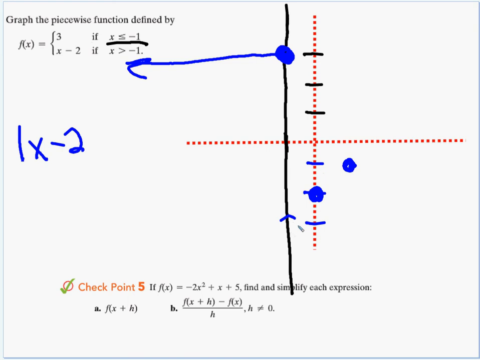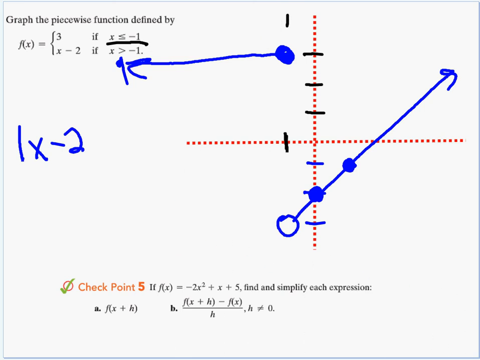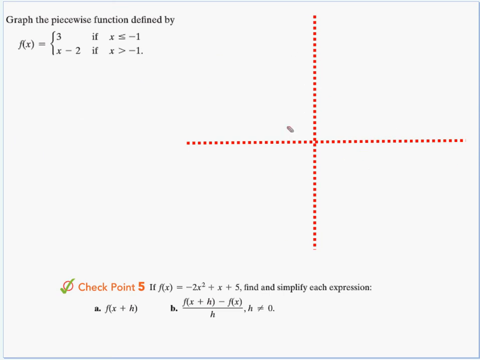And that should be an open circle because it's strictly greater than. And it opens up. There we go. And again, now that we've got the pieces of the piecewise function in the proper spot, I can get rid of that line. And there's our graph. Okay, checkpoint 5. Clean up here.